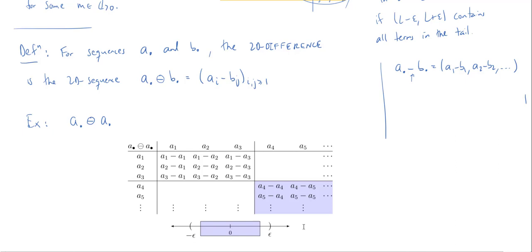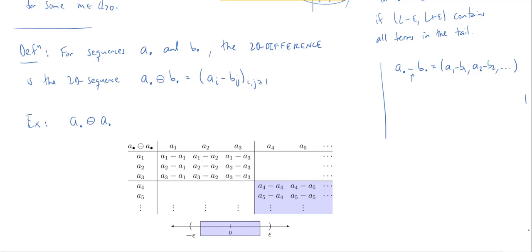What Cauchy realized is that if we started with some sequence, like A, and we wanted to check whether or not A converges, but we have no idea to what A should converge. Normally when we test convergence of a sequence, we say we think it converges to some L, and so we show that every L coin contains a tail of A. But what if we don't know what L is?